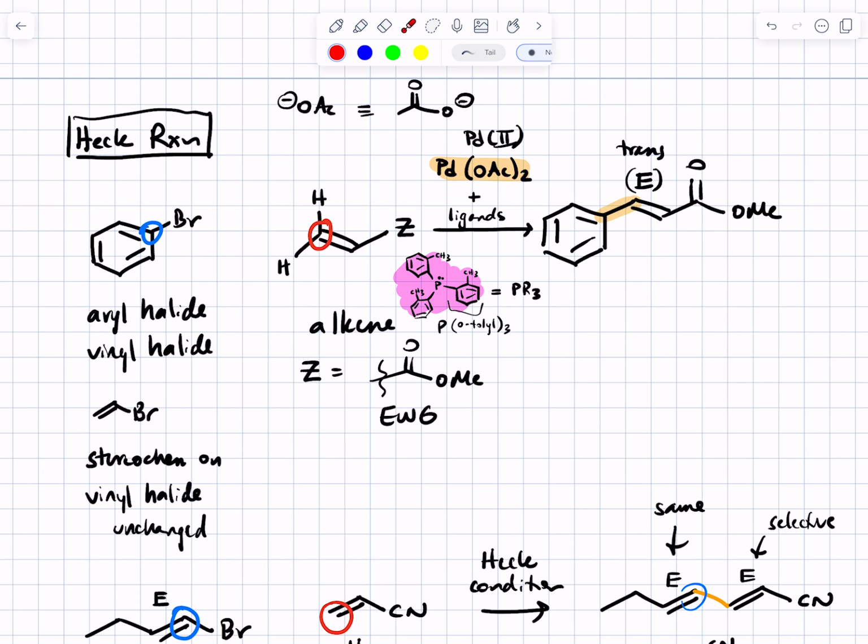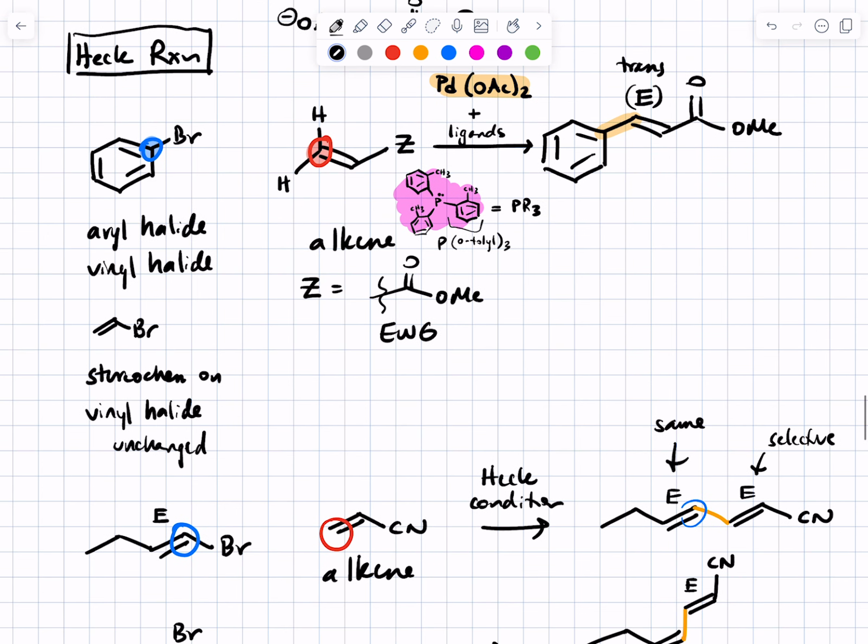Notice that in the Heck reaction, the two carbons that are coupled are the carbon in blue, where the halide was, and one of the two carbons of the alkene. I've shown it here as though it is the terminal carbon of the alkene. It doesn't have to be.